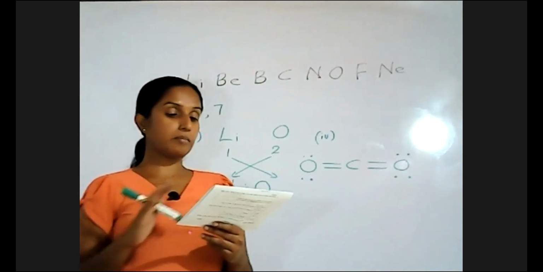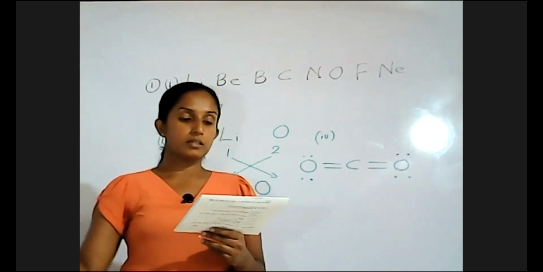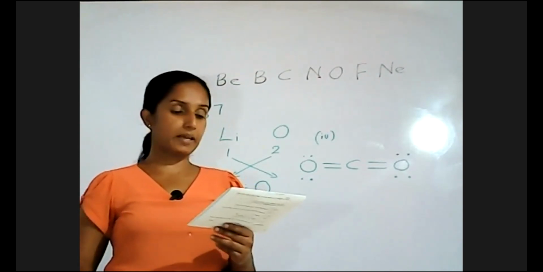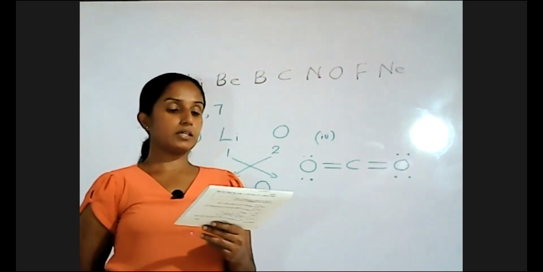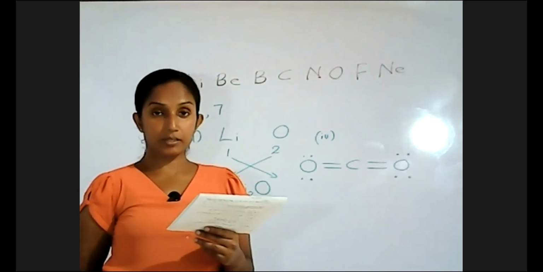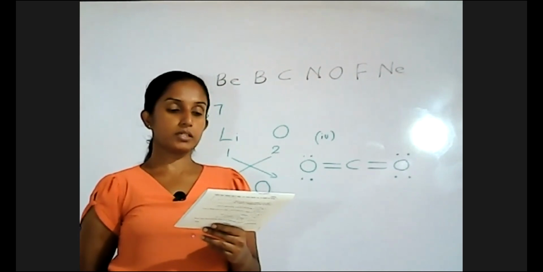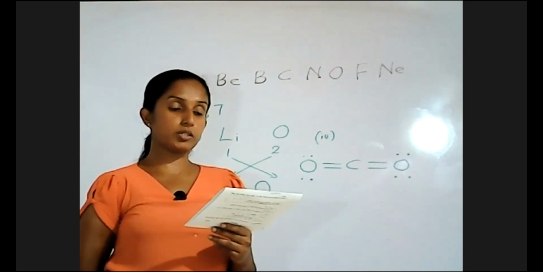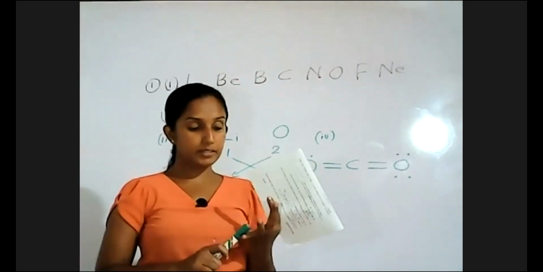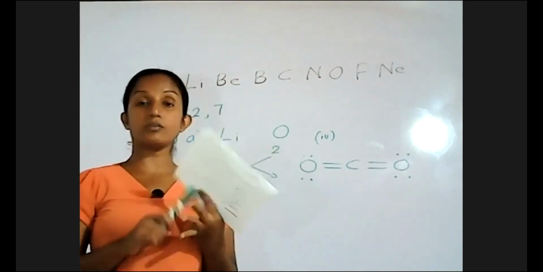But here, when we use potassium permanganate, what is that reaction type? That is chemical decomposition. Potassium permanganate decomposes into potassium manganate, manganese dioxide, and oxygen gas.